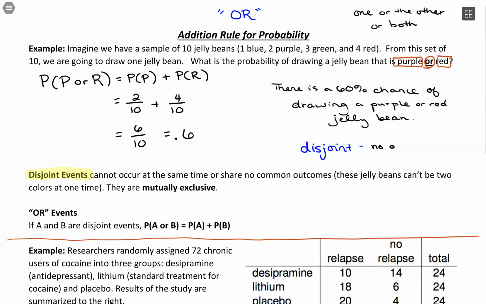There's no overlap of colors. So with it being disjoint, we would use this rule where we just add the separate probabilities, just like we did up above. Another word that you might see for disjoint is mutually exclusive. Those mean the same exact thing: if they're disjoint events, there's no common outcomes. Can't have both.